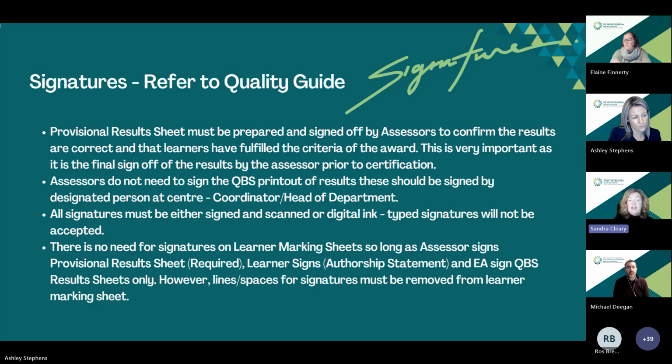And the signature guide then as well, this was another theme that was arising across centres, especially with ePortfolios and OneDrive: what does the learner need to sign? What does the tutor need to sign? The coordinator, the QA, the EA, the IV.